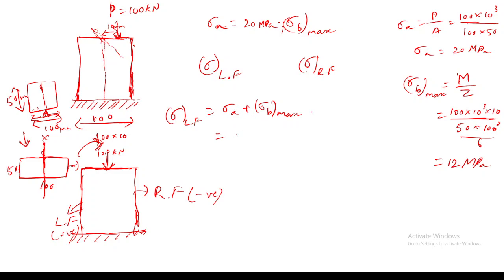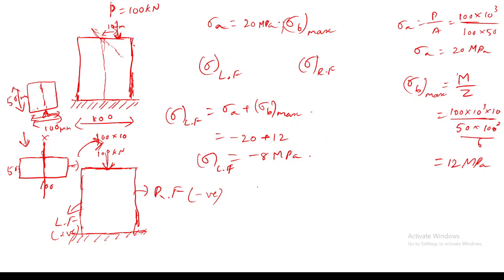So I am writing it as minus 20. And what will be the value of sigma B? It is positive, so it is 12. So it is minus 8 megapascal at the left fiber.